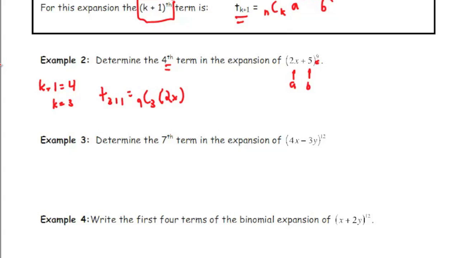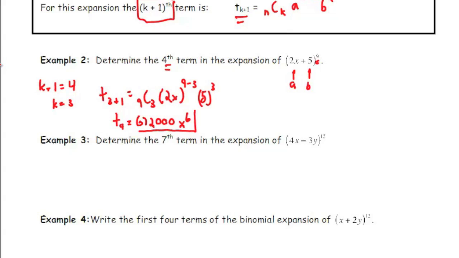Well, that's fantastic. That means we can now use the equation t sub 3 plus 1 is equal to, well, we're dealing in the 9th row, and k is equal to 3, times our a value, which is 2x to the power of 9 minus 3, times 5, which is our b term, to the power of 3.